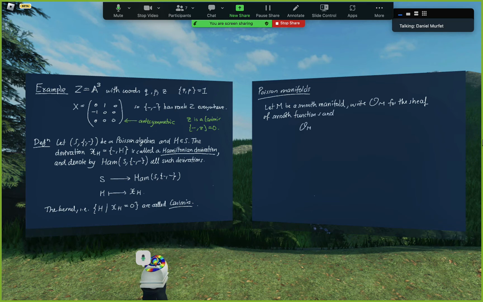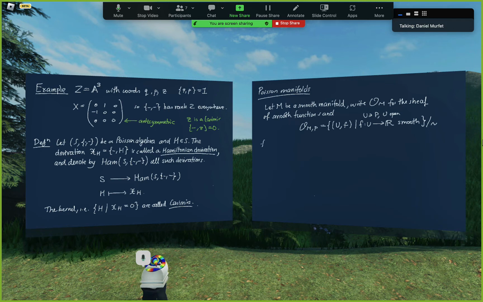And O_P for germs of smooth functions. So that's pairs consisting of open neighborhoods U, I guess U should contain P and U should be open, modulo the usual relation.